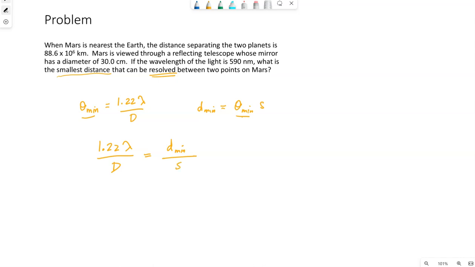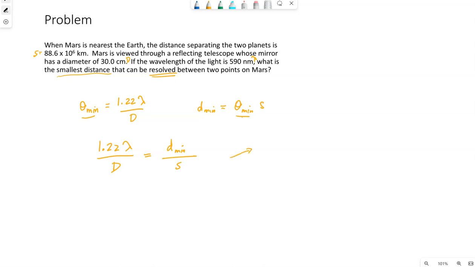S is the distance from the telescope to these points we're trying to resolve. And so S is this 88.6 times 10 to the 6 kilometers. Capital D in our problem is the 30 centimeters, and our wavelength is 590 nanometers.